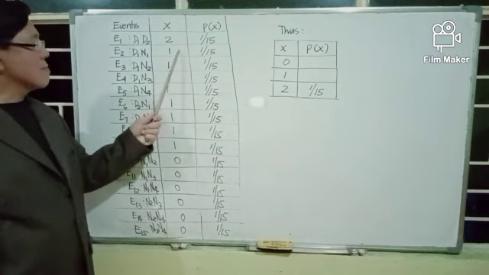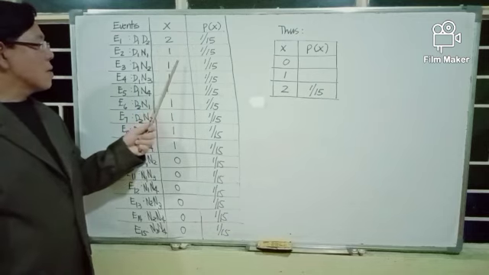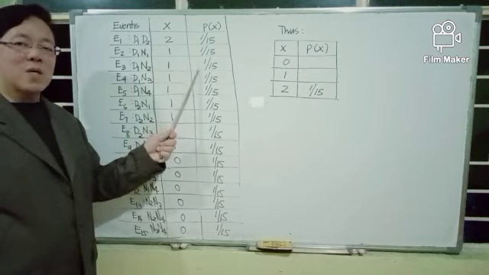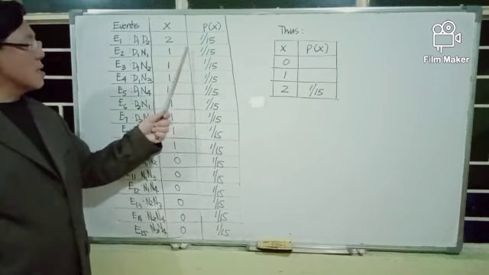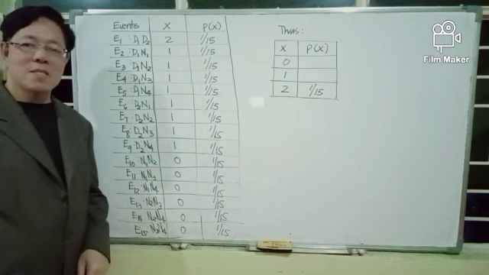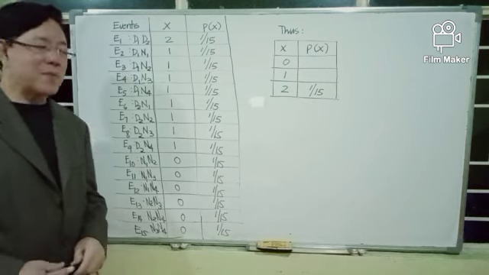Hence we add, this event has one defective, 1 over 15, plus the probability of this event with one defective, 1 over 15. We add this 1 over 15 8 times. And you should get 8 over 15.